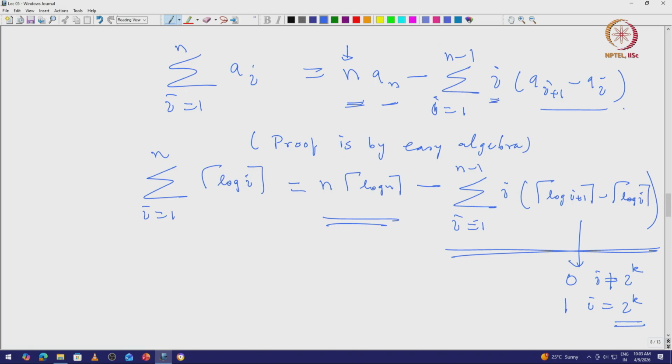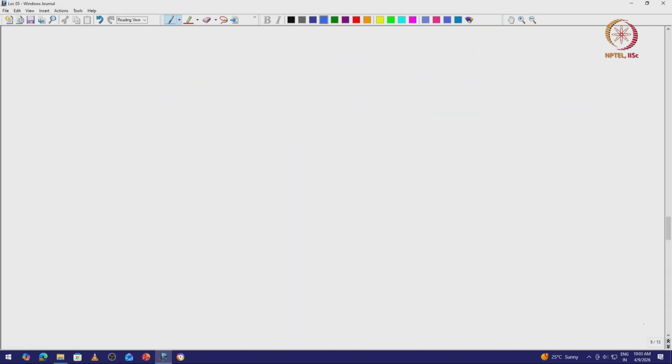Therefore, let me write down this sigma i times (ceil log (i plus 1) minus ceil log i). This term, for i equal to 1, will survive. This is equal to, so i going from 1 to n minus 1.